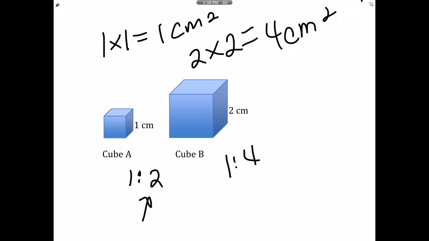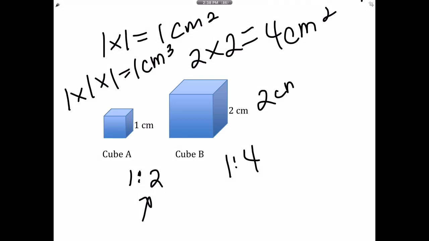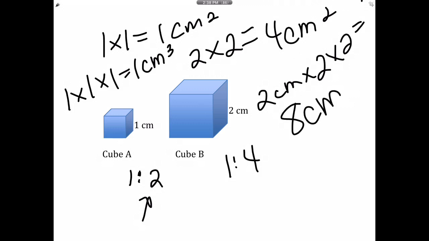Now if we were going to talk about volume, for the smaller cube, the volume is 1 centimeter times 1 centimeter times 1 centimeter, which ends up being 1 cubic centimeter. For the 2-centimeter cube, it is 2 centimeters times 2 times 2 centimeters, which ends up being 8 cubic centimeters.